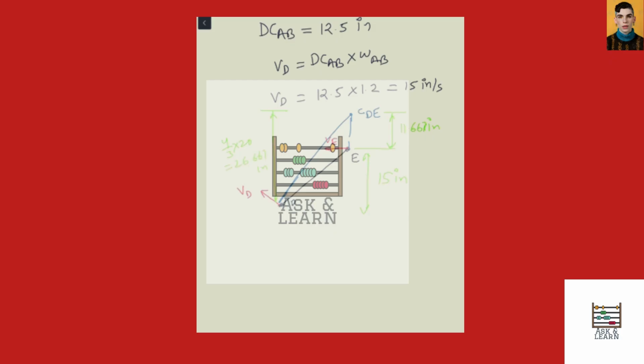So now we can write the value of DC_DE equals square root of 20 squared plus 26.667 squared, and this value comes out to be 33.333 inch. This is the distance DC_DE, from this point to this point.